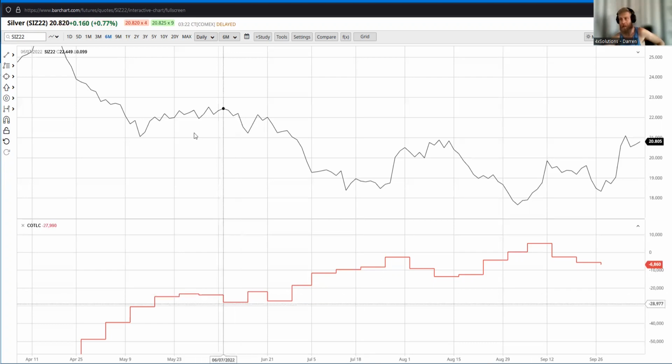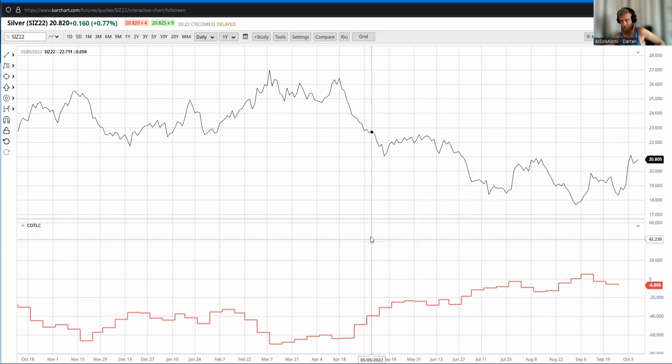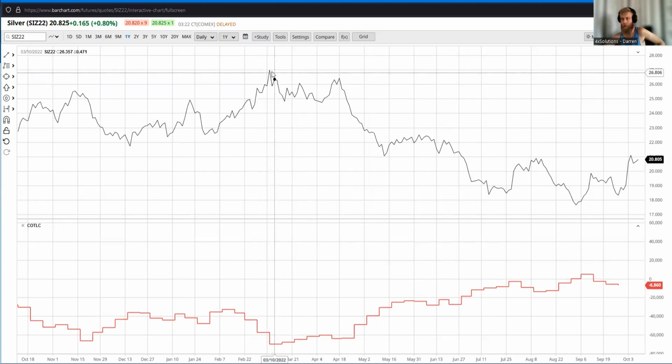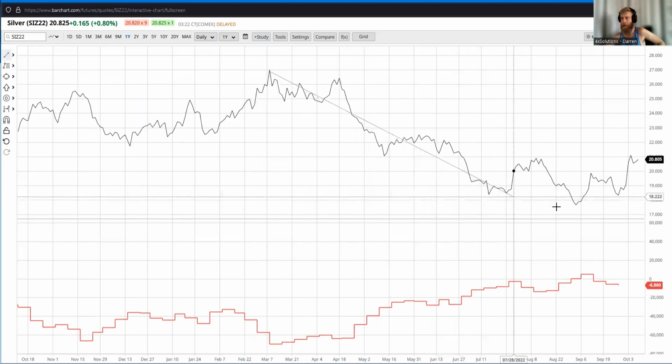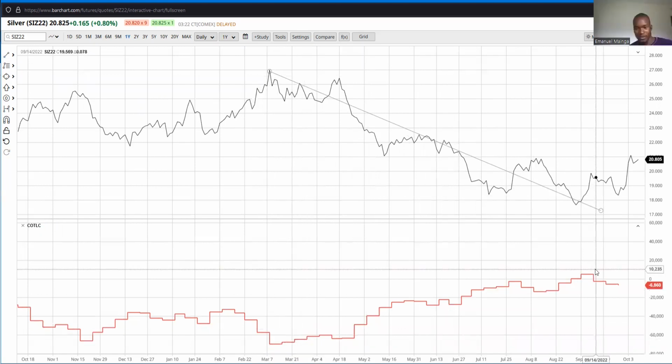And you can see that on a 6 months. Let's look at a 1 year. Since here, where it made a peak high of $26 or $27 on silver, from there it's been selling, right? But what's been happening to the COT data? Moving downwards?